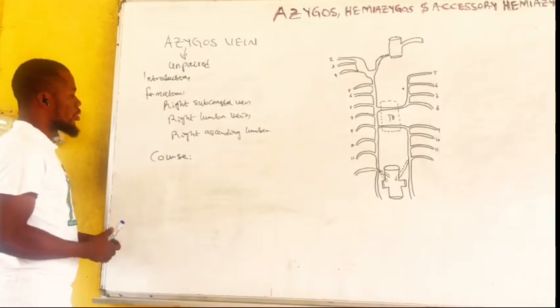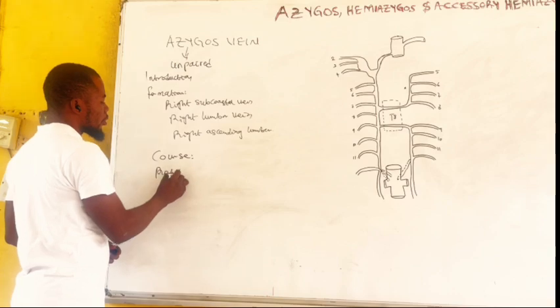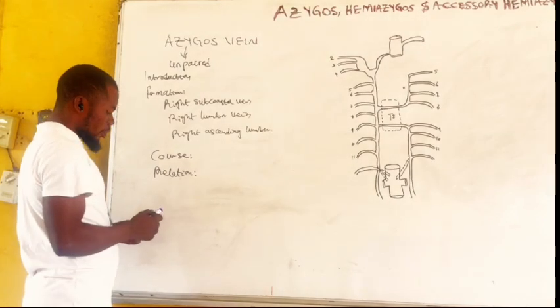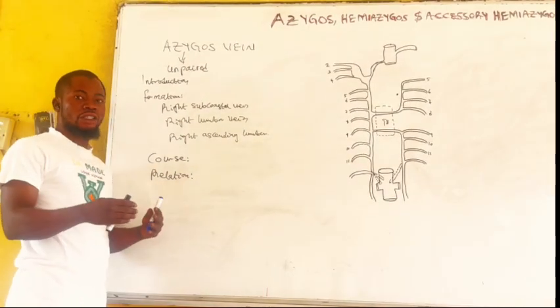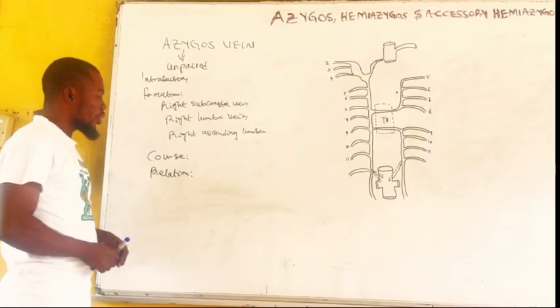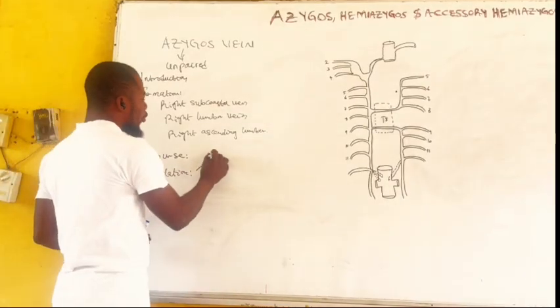The next is relations of azygos vein. The azygos vein has anterior relation and posterior relation.